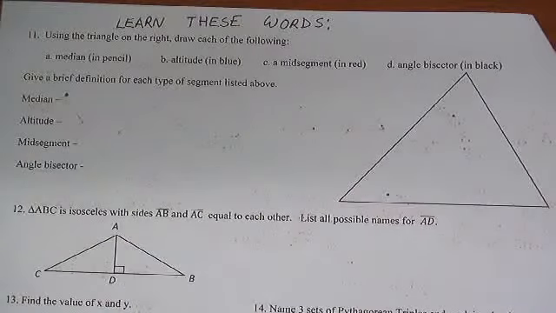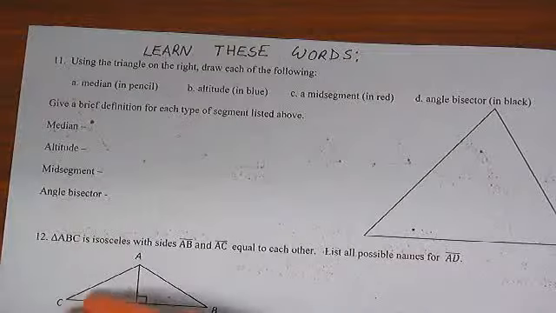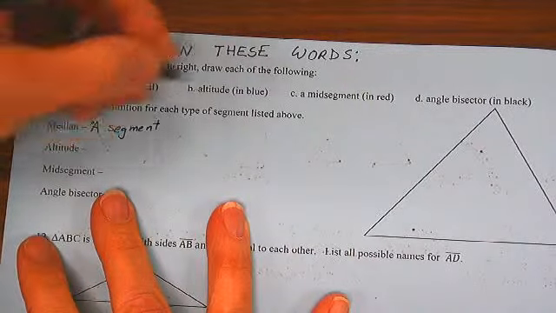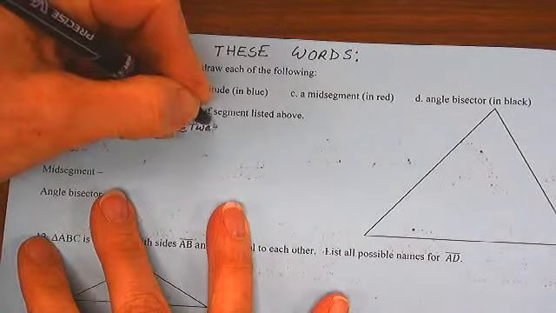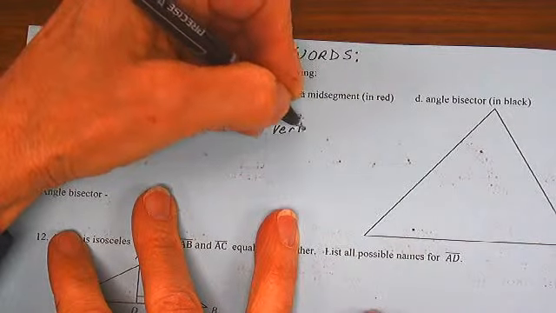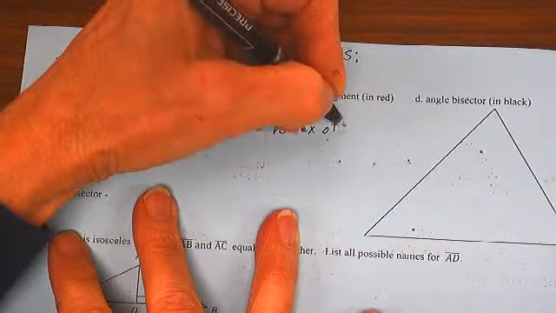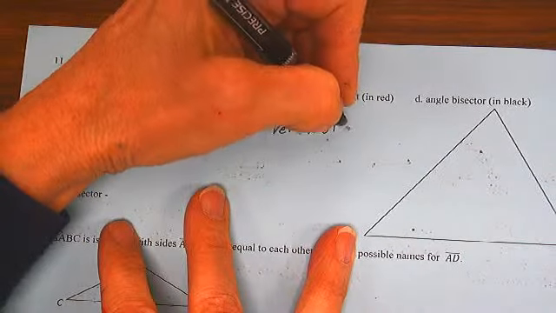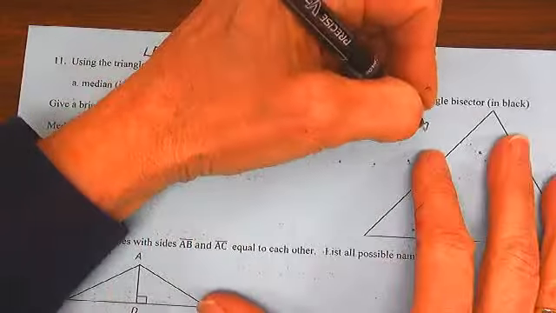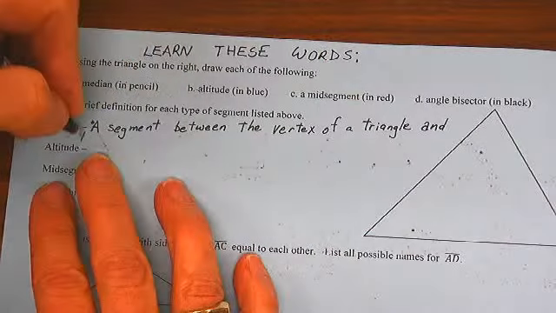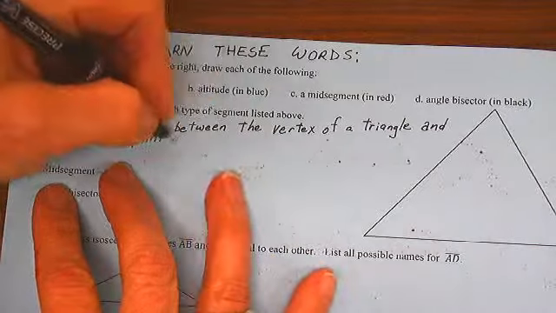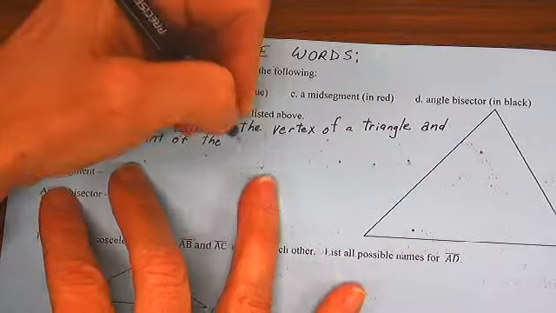A median is a segment between the vertex of a triangle and the midpoint of the opposite side.